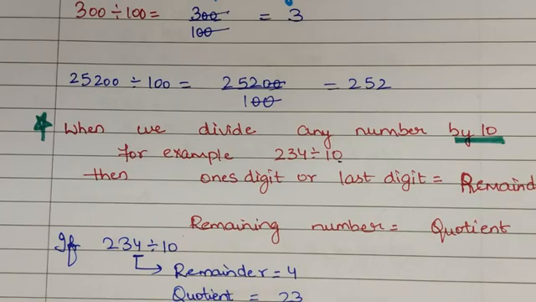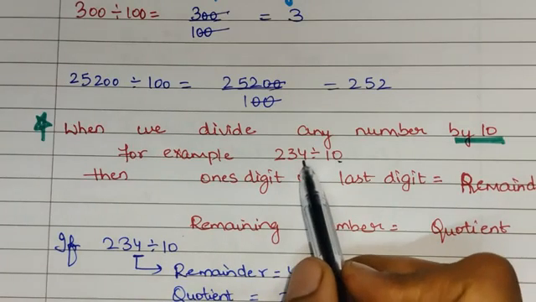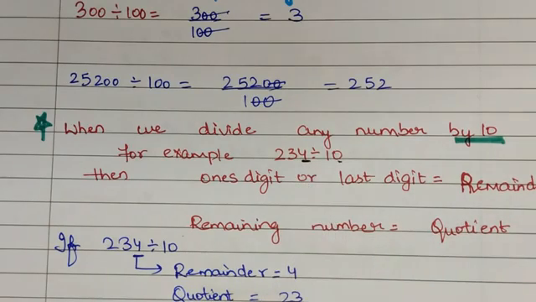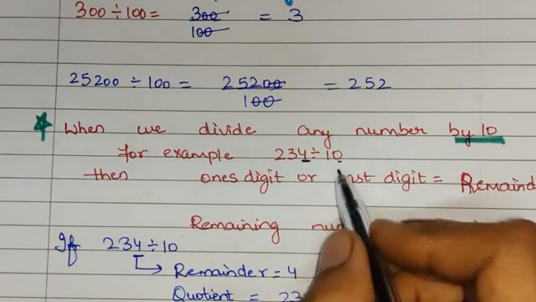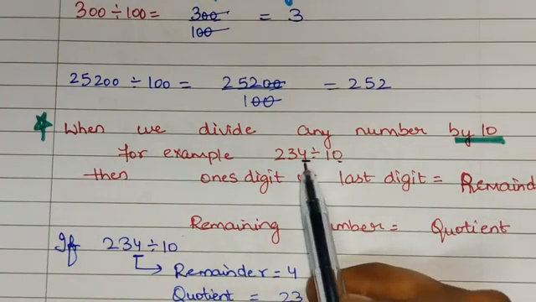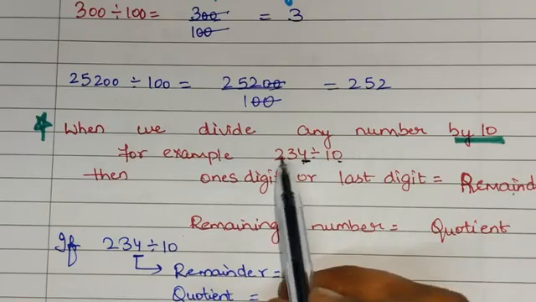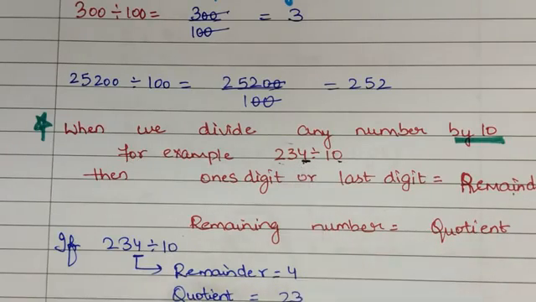So what will happen? The last digit, the single digit. Why only a single digit? Because in 10 there is only 1 zero. So the last or the ones digit will give us the remainder and the remaining digits will give us the quotient.